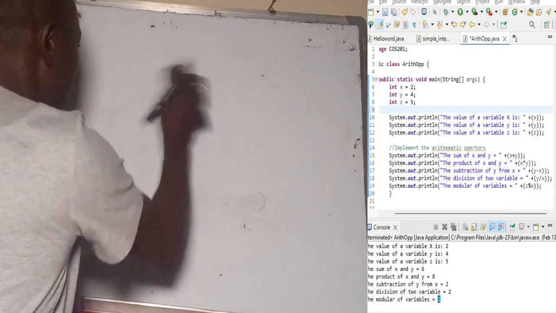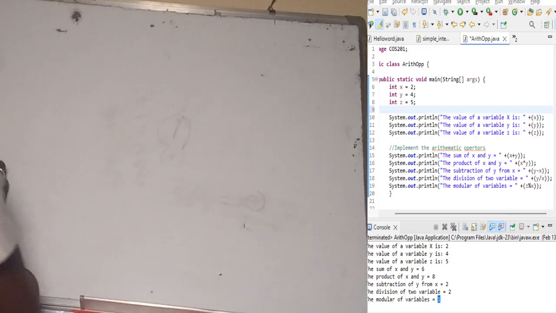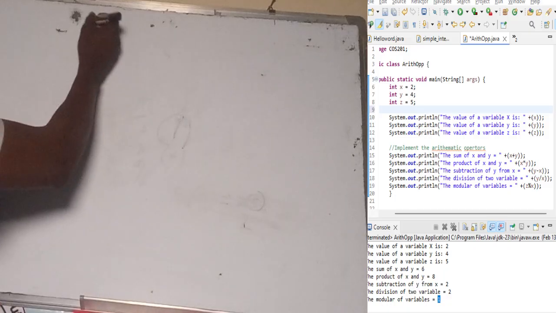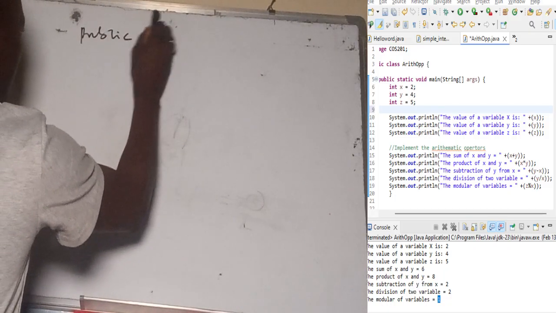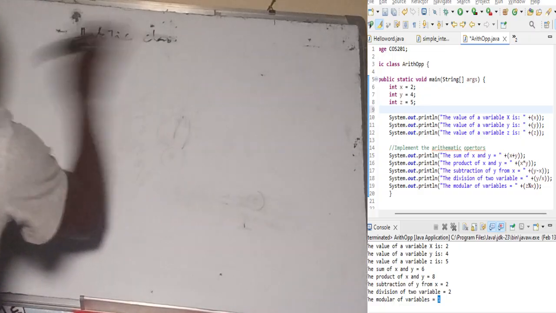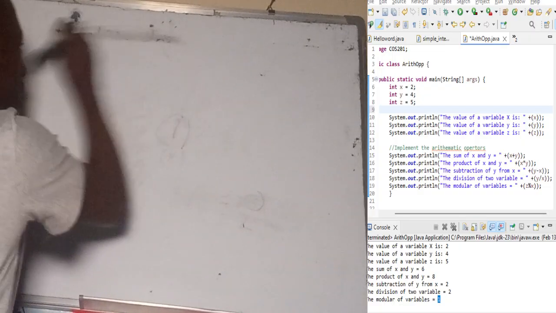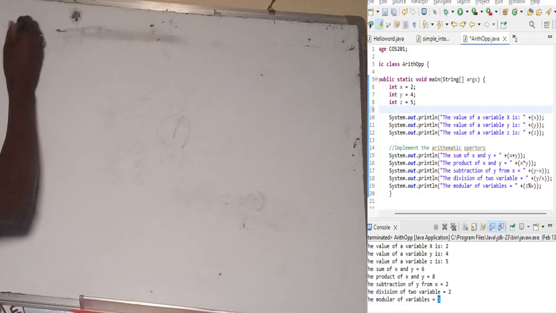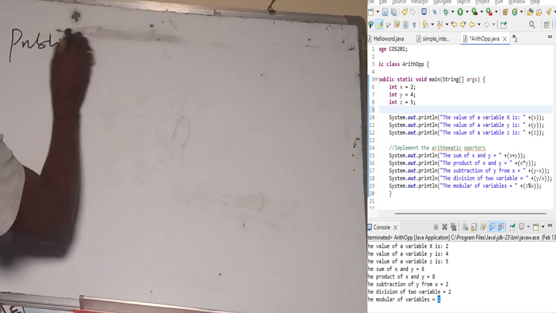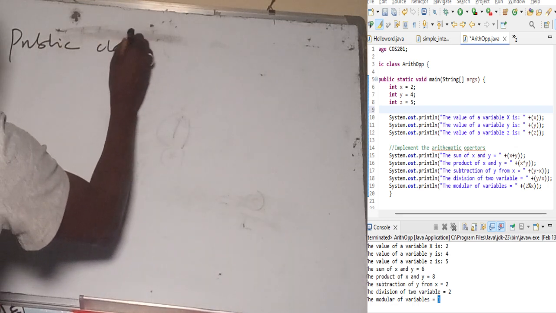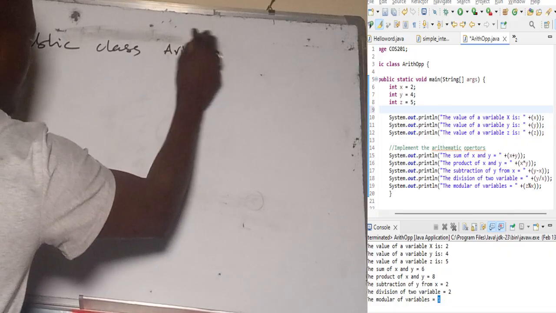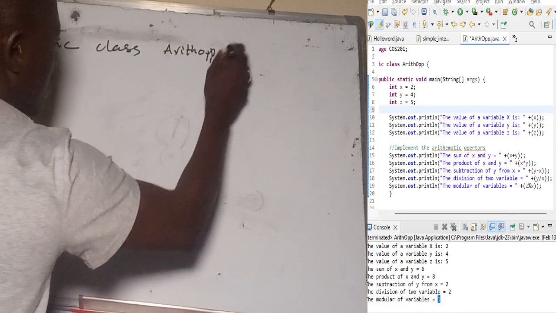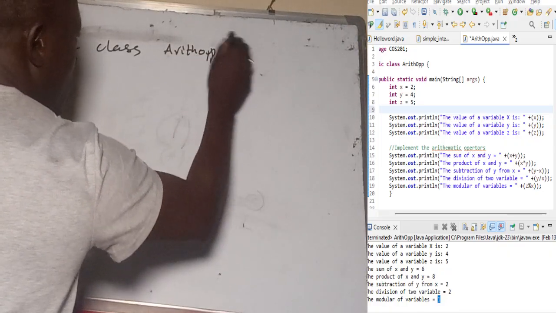So here we are going to look at the demonstration on the board. We know usually we should have our public class, so we start from here. Let's say our class should be arith up, right? Should be arith up.